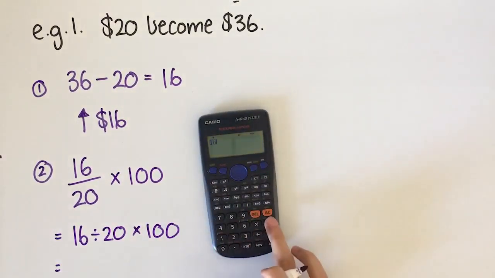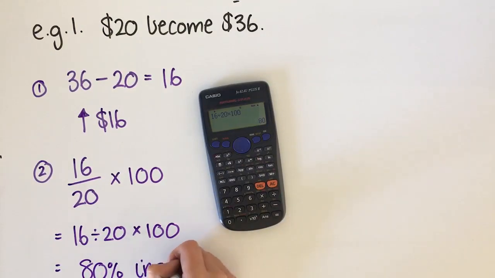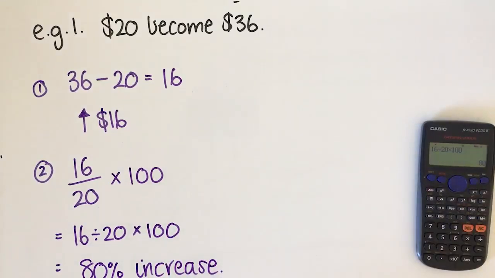So I'm going to go 16 divided by 20 times 100, and that gives me an 80% increase. So we can say that whatever is being sold here has gone up 80%.